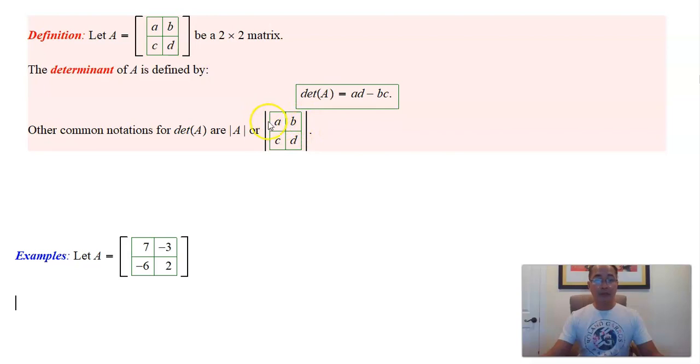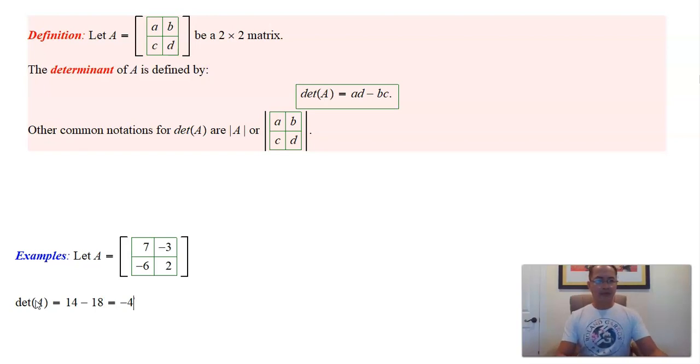So instead of using square braces around the matrix, we replace them with vertical bars to represent the determinant. Okay, so here's a matrix A. What is its determinant? According to the formula, the determinant of A is 7 times 2, that's 14, minus negative 6 times negative 3, which is positive 18, so we get negative 4.